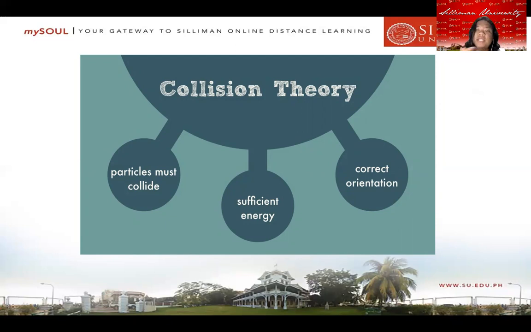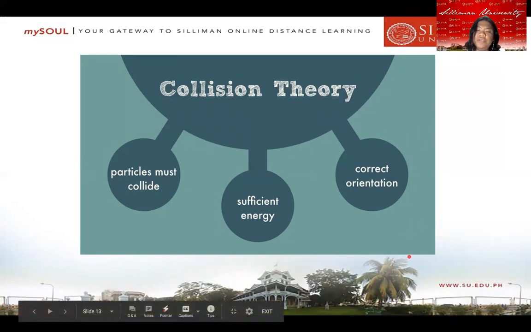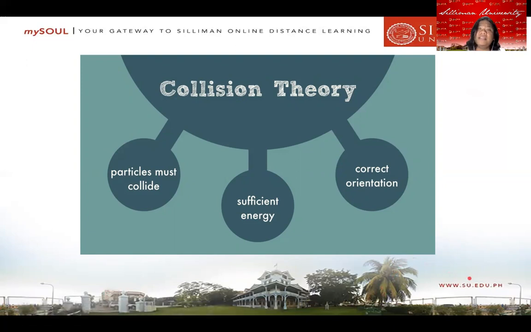And I think that's very important, that chemical reactions do not happen that instantly or that easily, because if they did, your fruit would ripen so fast, your iron appliances would easily get rusted, your meat would easily get spoiled, and our body would easily age. So there are important factors that must be fulfilled for a chemical reaction to happen.